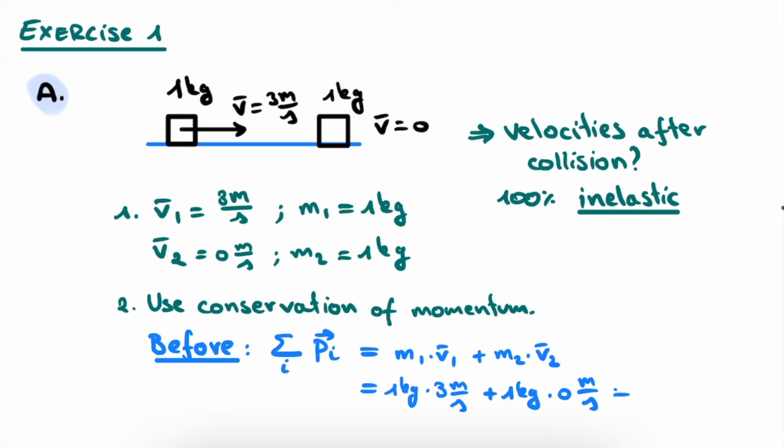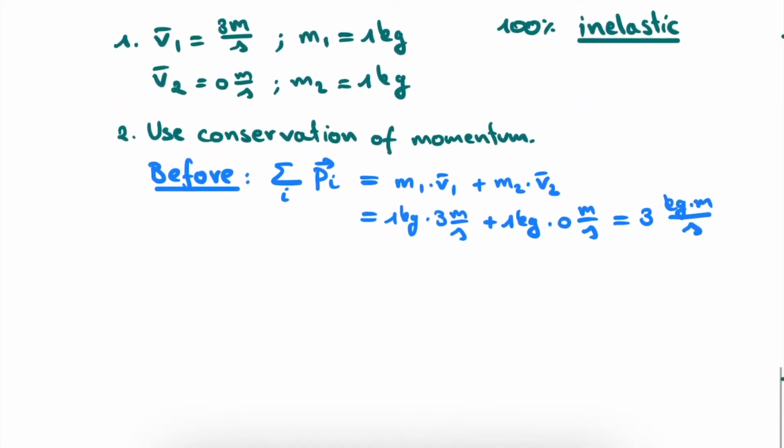And this comes out to be a total momentum of 3 kilogram times meters per second. And this is of course the unit of momentum. So we know that the total momentum before the collision is equal to 3 kilograms meter per second.